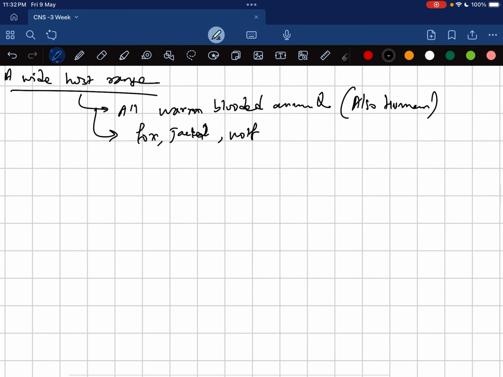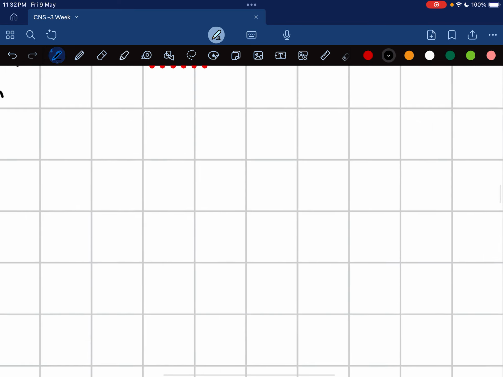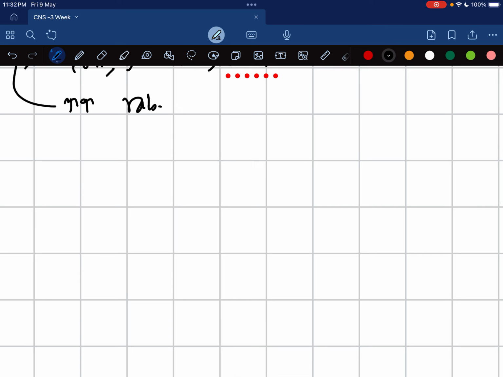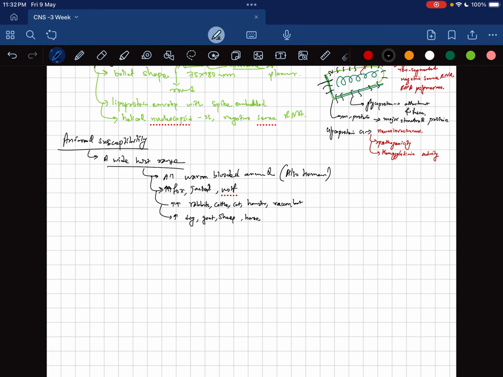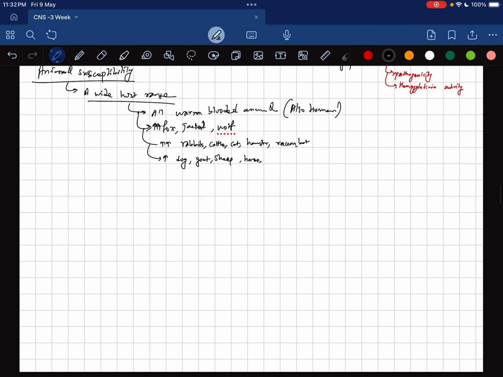Susceptible are rabbits, cattle, cat, hamster, raccoon, bat, and moderately susceptible are dog, goat, sheep, and horse. These are the animals susceptible to this virus.